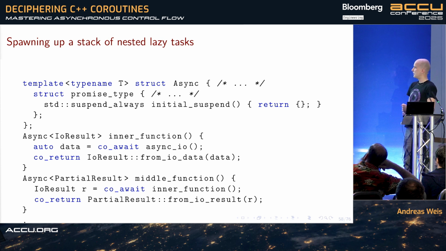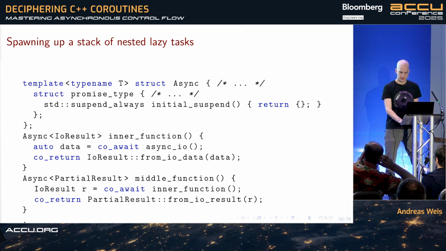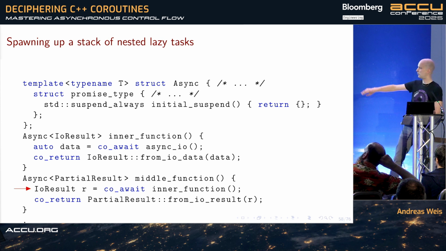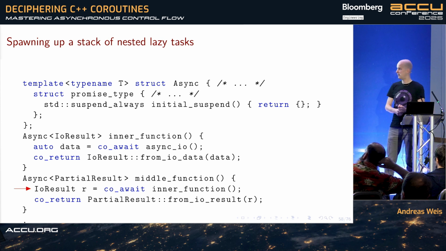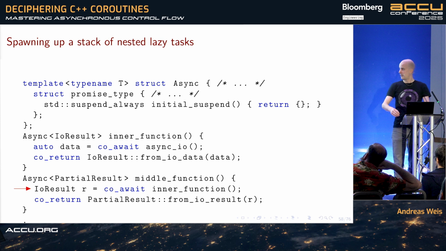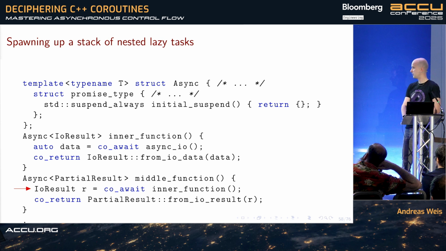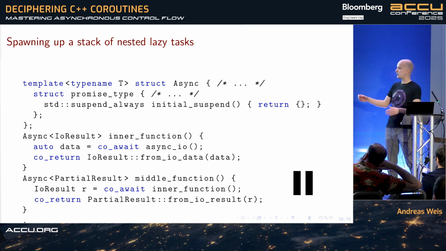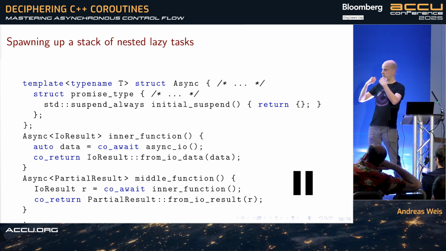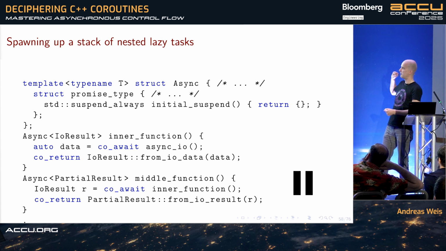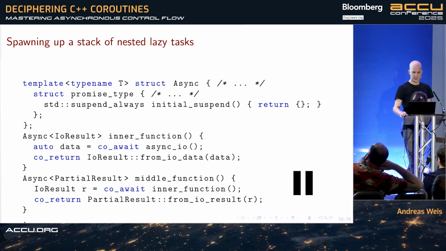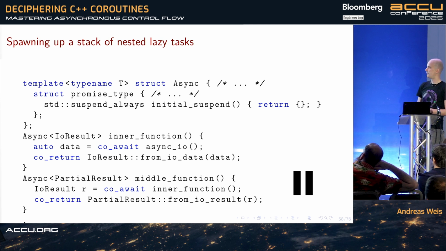So now let's look at the functions here. What is going to happen? We start down here in the middle function. It calls co-await inner function, and then the inner function creates the return object, creates this async I/O result, and then it suspends right away, initial suspend. And control is returned to the middle function.